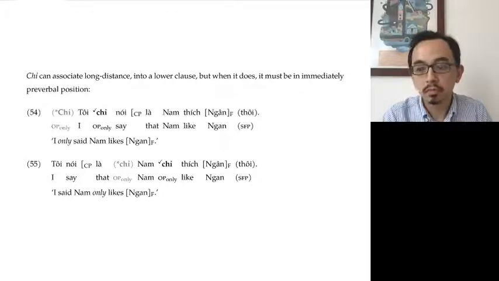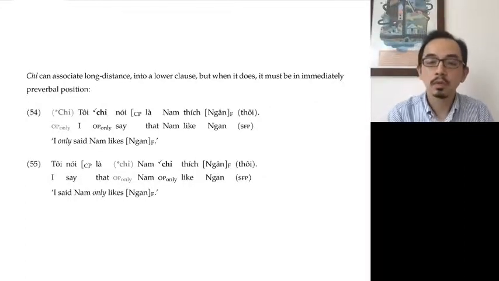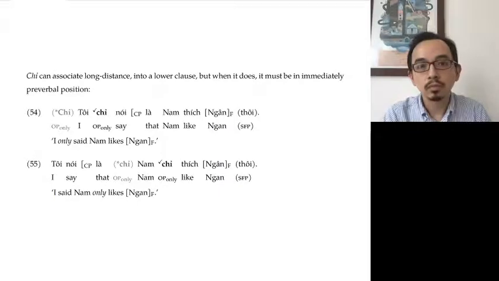In this case, it is confusing whether danji appears in the matrix clause or the embedded clause before nam. If only appears in the matrix clause, it doesn't give focus on ligan. It seems to give the focus to the act of saying.